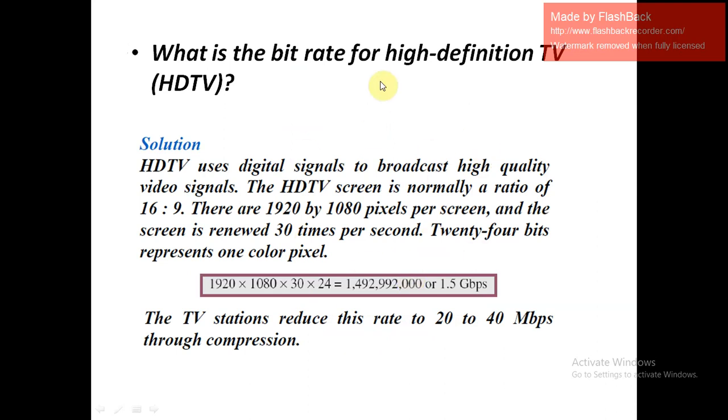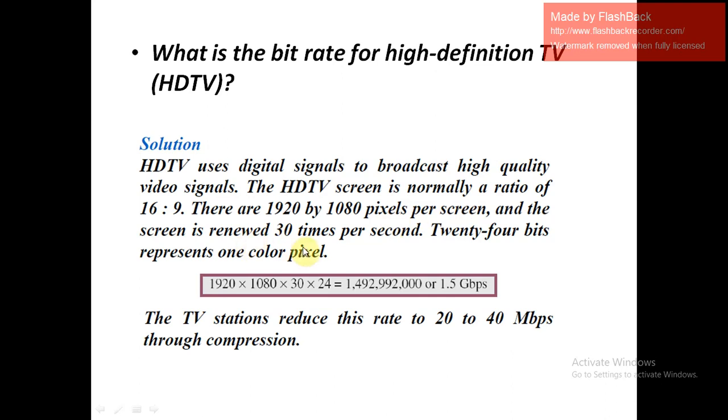This is another example, the bit rate of HDTV. You can calculate this one. In HDTV you have the aspect ratio 16:9, with 1920 by 1080 pixels per screen.